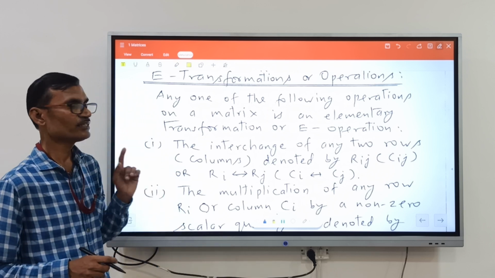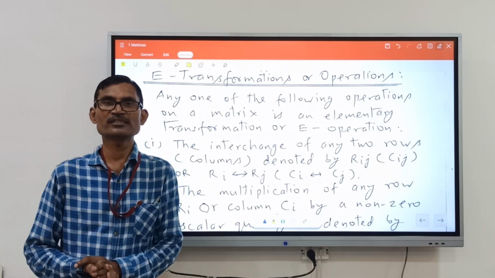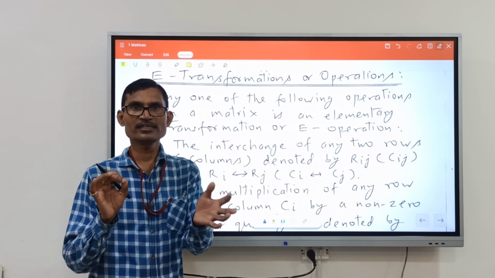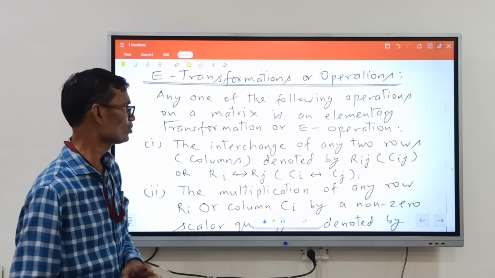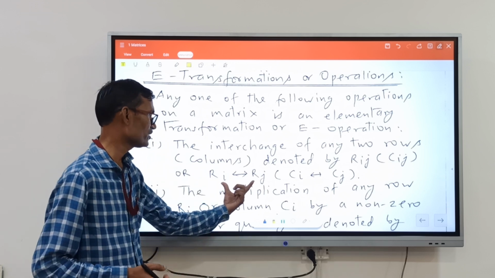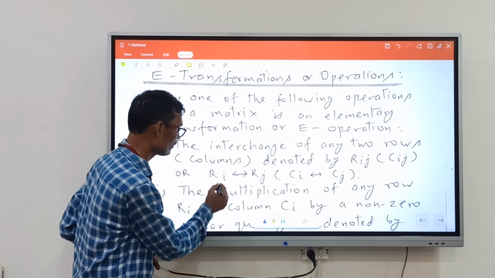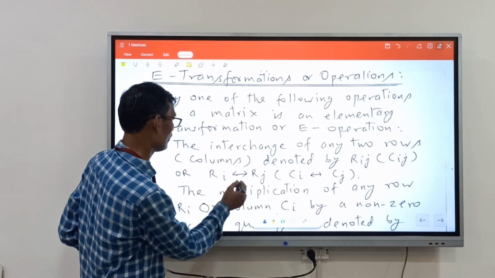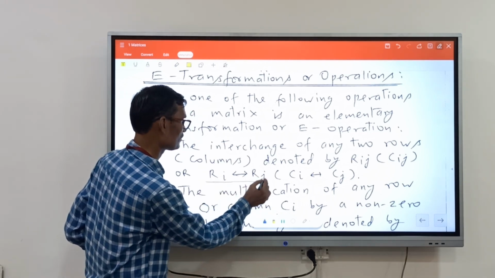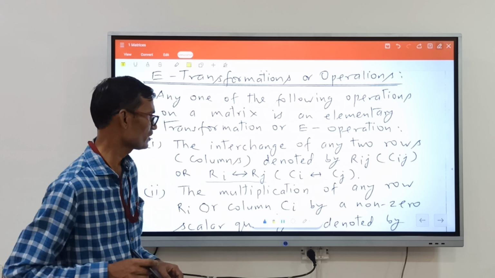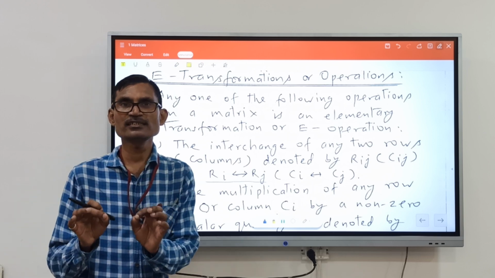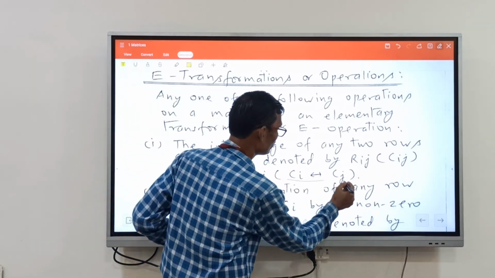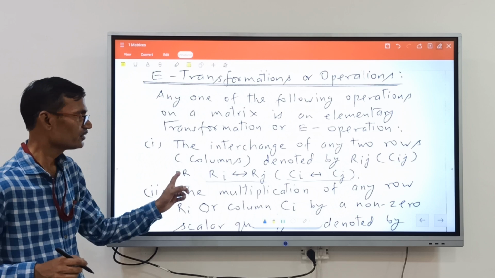Suppose the ith row is represented by Ri and the jth row is represented by Rj. We can use this type of notation for the interchange between 2 rows, and similarly if we are interchanging between 2 columns, then we can write it as Ci Cj.